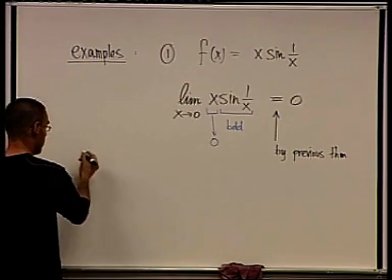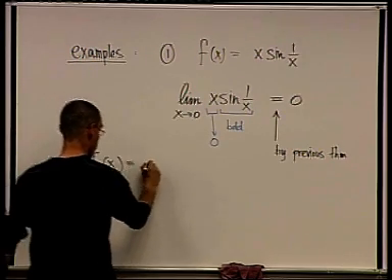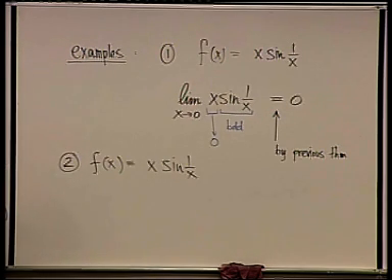Okay, example number 2. Now let's take the function f of x to be x times sine of 1 over x. Same example. Good. That's what I want. So why would I want to put the same example again? Prove it a different way.